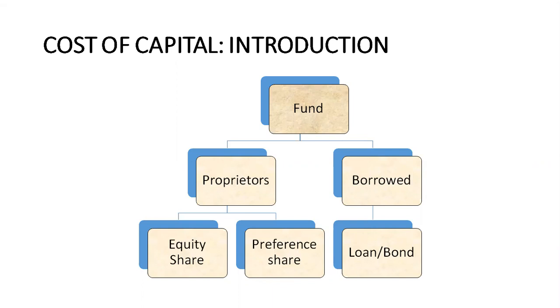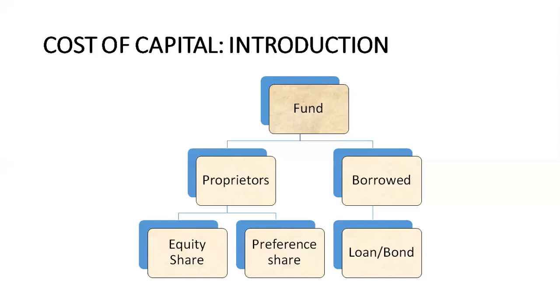It is also known as funds. This fund is collected from two sources from where it is generated. First one is called proprietors fund and second one is called borrowed fund. Proprietors are the owners of the company.